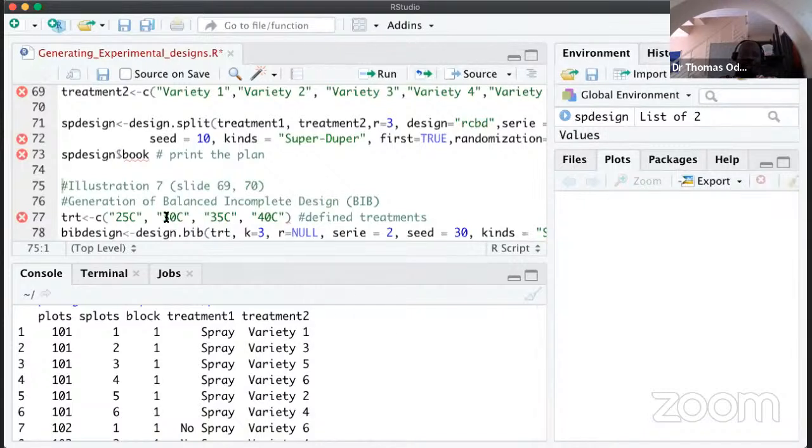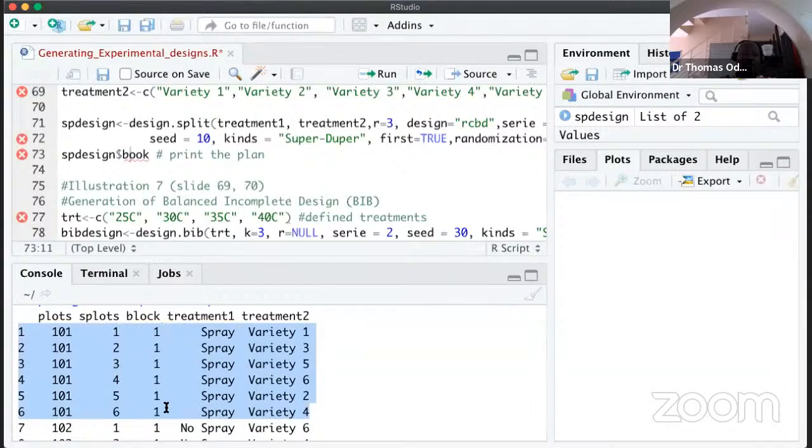But at the point of running it, it may actually be different things. Okay, so we can see now split plot, block, and then the treatment. So here you would see the 1, 1, 1, 1, 1, and then the splitting. This is our main plot 1. And then the main plot 1 is split into subplots 1, 2, 3, 4, 5, 6.